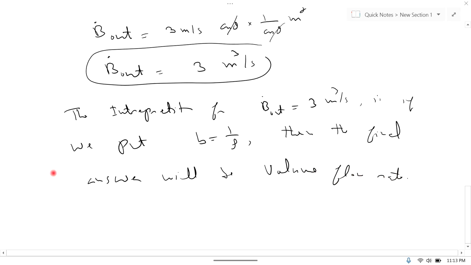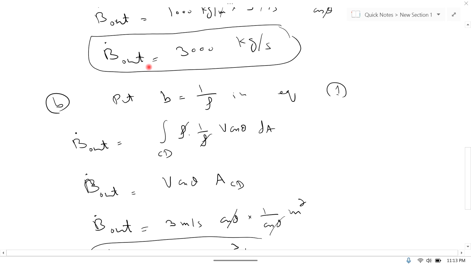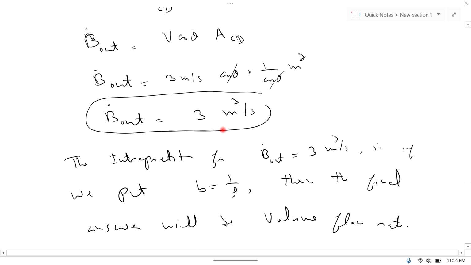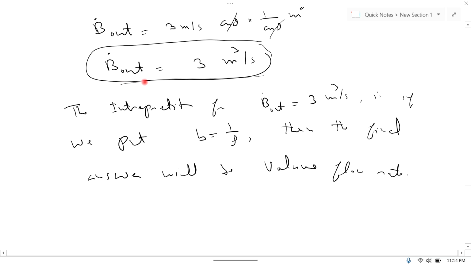So it is clear: in part A, this is the mass flow rate, but when we put b equal to 1 over rho, the final result is the volume flow rate. So this is the basic interpretation.